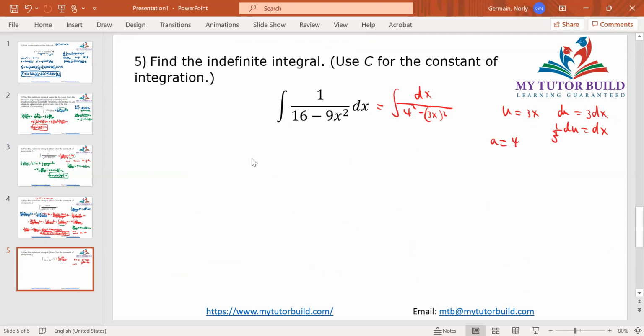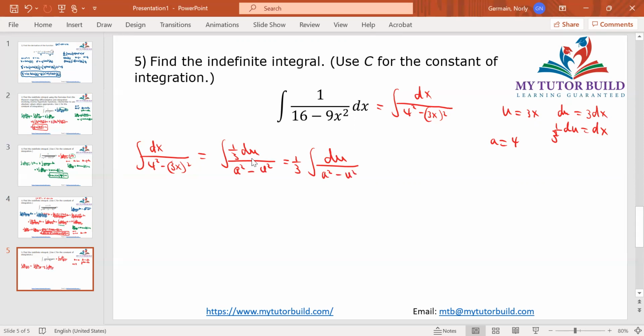Now, if we rewrite everything, dx is 1/3 of du over, not square roots, we don't have any square roots. We have only a square, because a is 4, minus u square because u is 3x. Now we can bring the 1/3 out, du over a square minus u square.